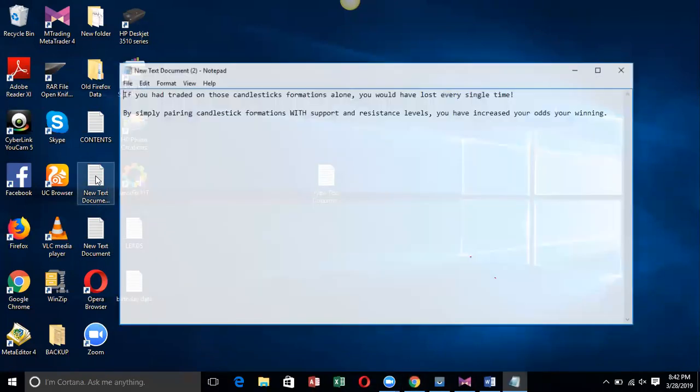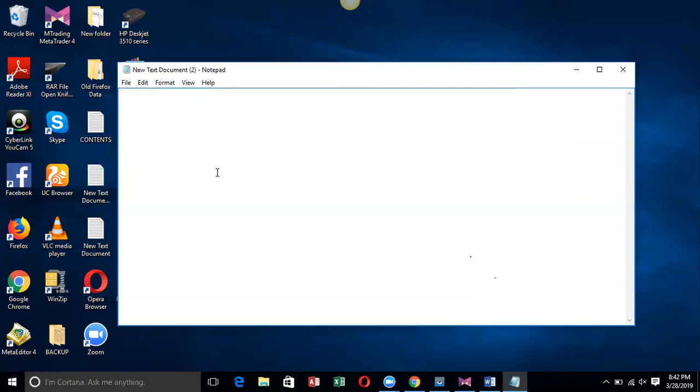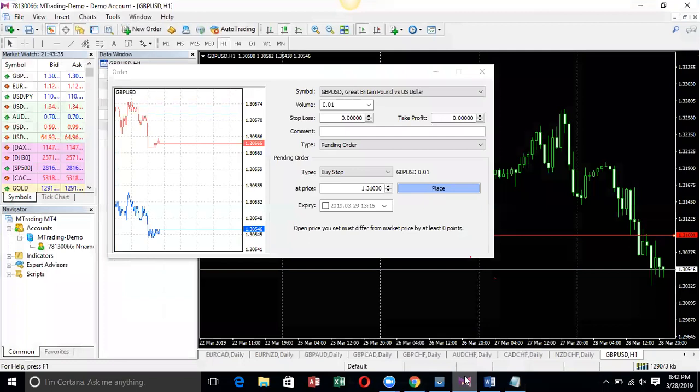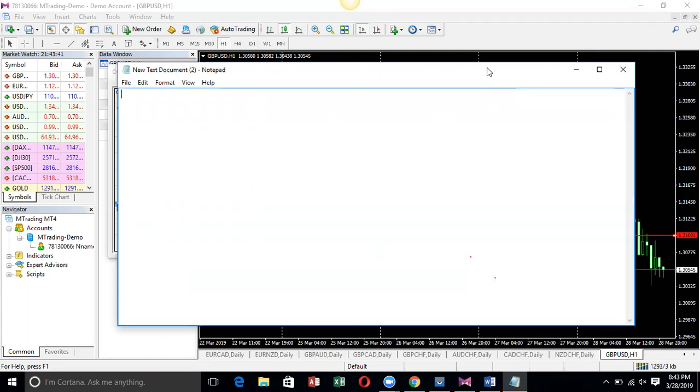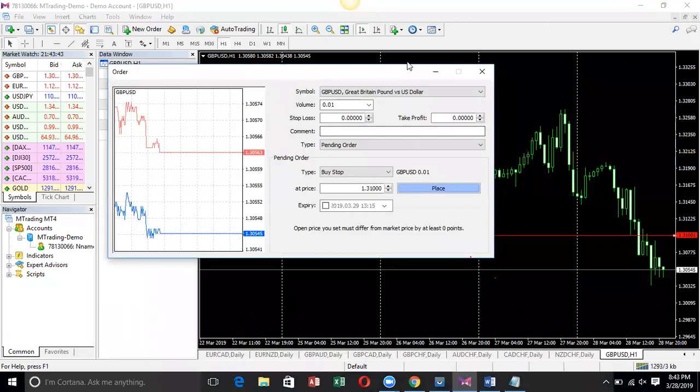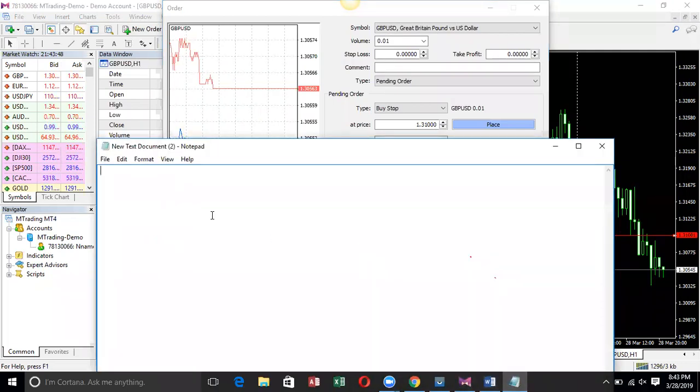Our ask price is once again 1.3100. Let's take 30 pips as our stop loss.